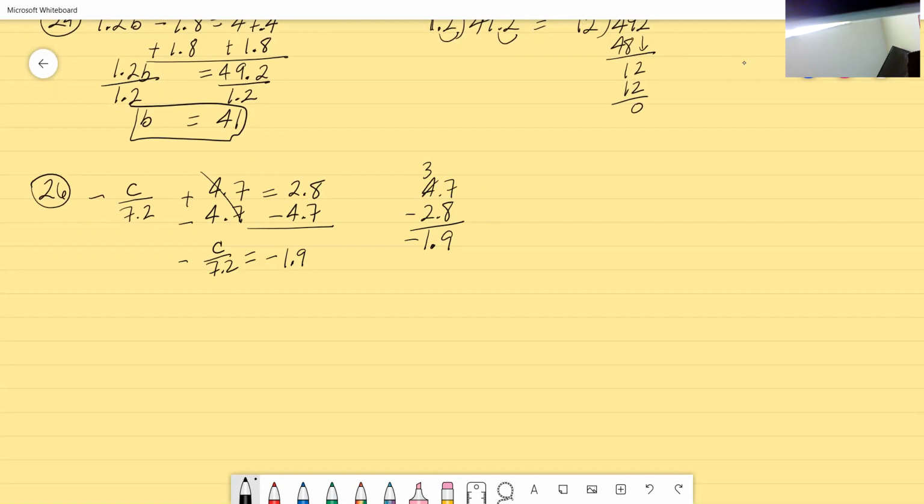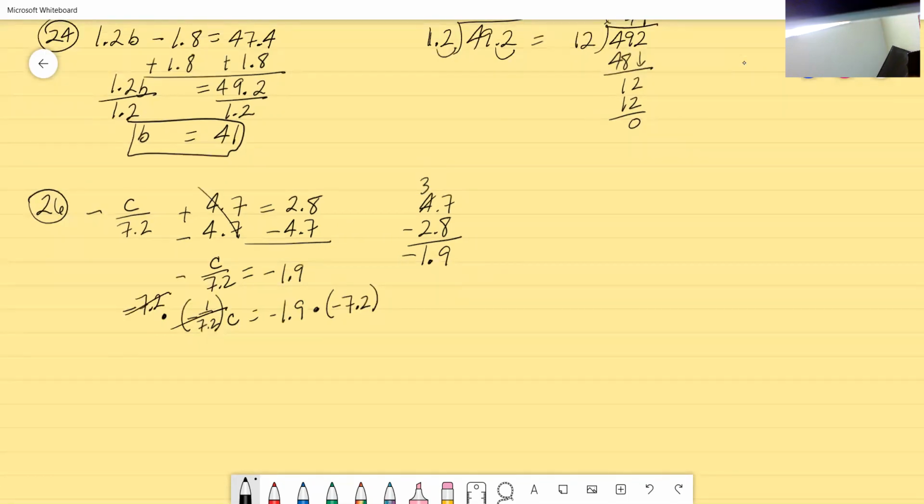So then, another way that you can see a negative c divided by 7.2 is you can say that this is negative 1 over 7.2 times c, if it helps, because that helps you just keep the negative with the 7.2. So the inverse of that is multiplying negative 7.2 to both sides. So these cancel each other out, and you're left with c equals 1.9 times 7.2.